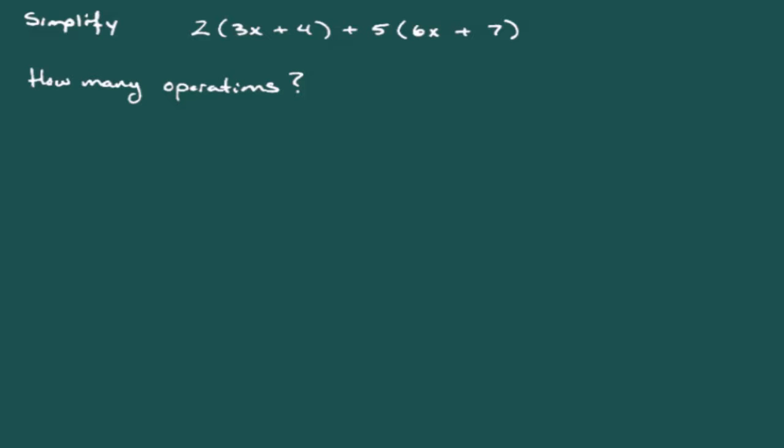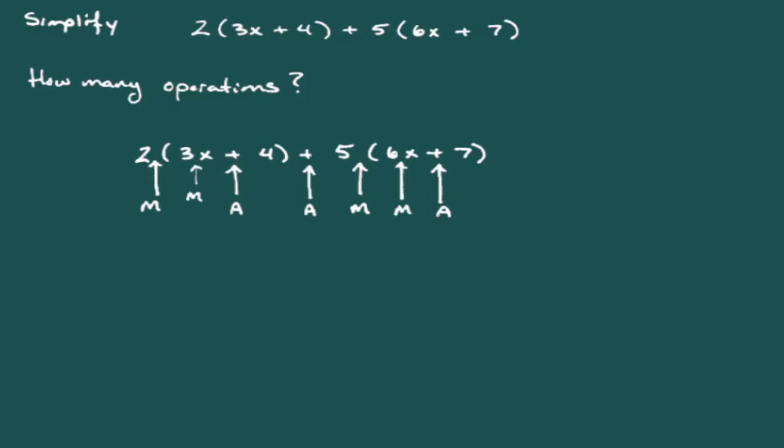Well, going through and writing everything out, reading this in the correct way, we see that we've got the operation of multiplication here. We've got an operation of multiplication here with the 3 and the x. We've got the operation of addition here with the 3x plus the 4. We've got another operation of addition here, a multiplication operation from 5 times everything in this set of parentheses.